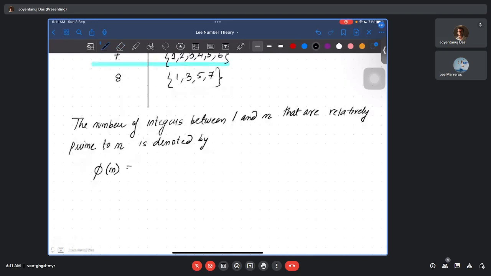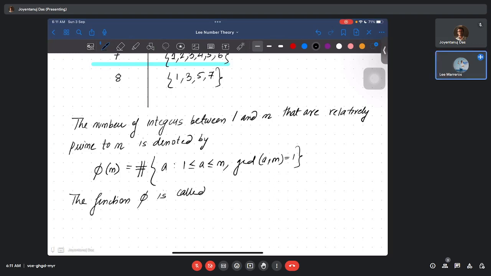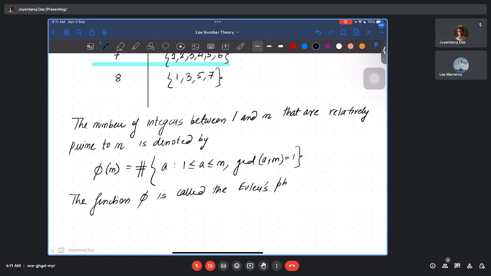So this is the cardinality, the number of elements, of the set of a such that a lies between 1 and m, and GCD of a and m is 1. And this function, phi, is called the Euler's phi function.